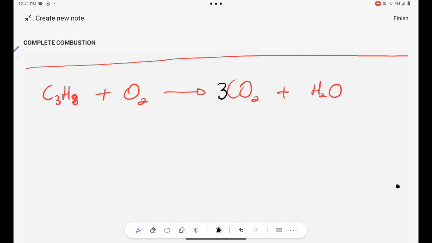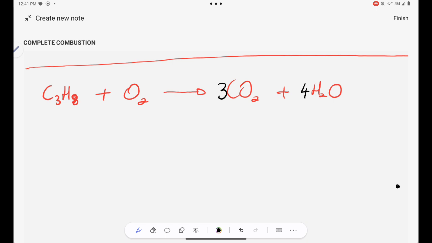So 3 will become the stoichiometric coefficient of carbon dioxide. Then how many hydrogens do I have? I have 8 on the left hand side. I only have 2 on the right hand side. For me to have 8 hydrogens on the right hand side, I just have to multiply it by 4 there, because 4 multiplied by 2 gives 8.